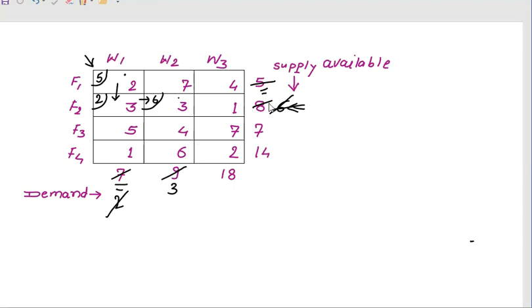Now when no supply left, in that case, we have to move to the down cell. So at the factory F2, all 8 units are transported. Out of 8, 2 are transported to the warehouse W1 and remaining 6 are transported to the warehouse W2. Now no supply left. So in this case, we will move to the down cell.